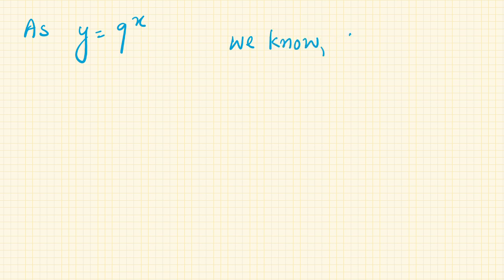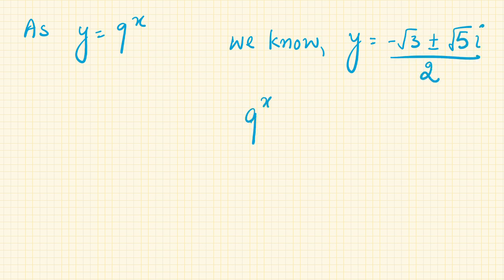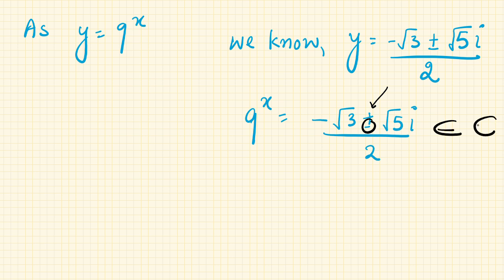As y is equal to 9^x, we know y came out to be negative root 3 plus minus root 5 i over 2, right? So 9^x is equal to negative root 3 plus minus root 5 i over 2. Now carefully understand: even if I take the positive one or the negative one, I am getting a complex answer, but this side is real, right?